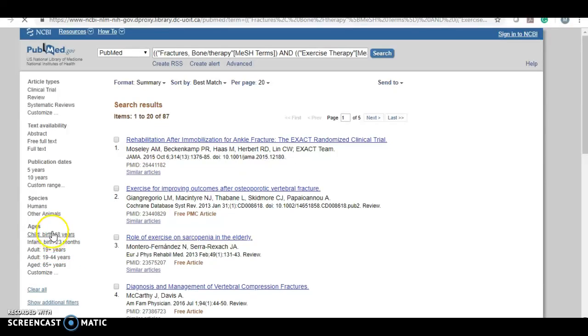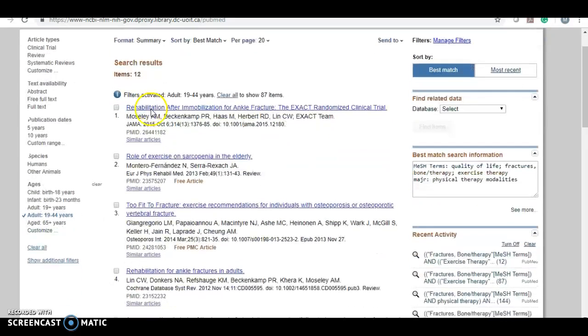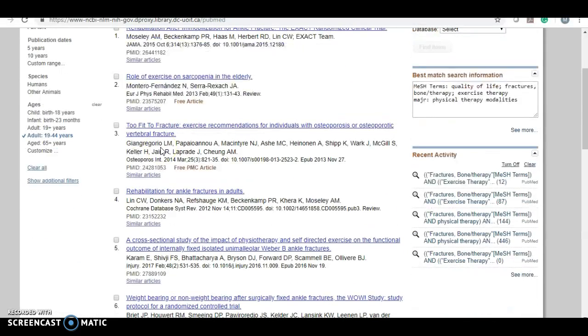Then you can go to one of the limiters here and pick the adult ages that they have available. That limiter would put it to only 12 results, but it still looks like information that would be useful to the person asking it.